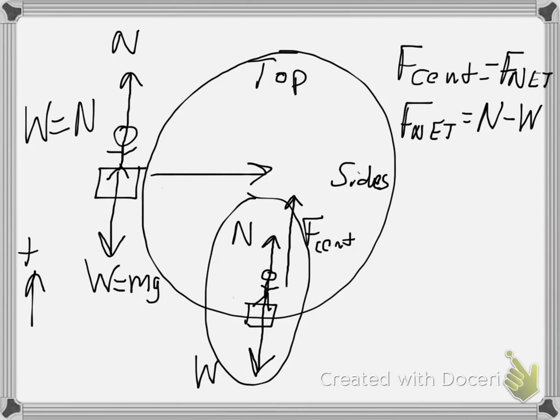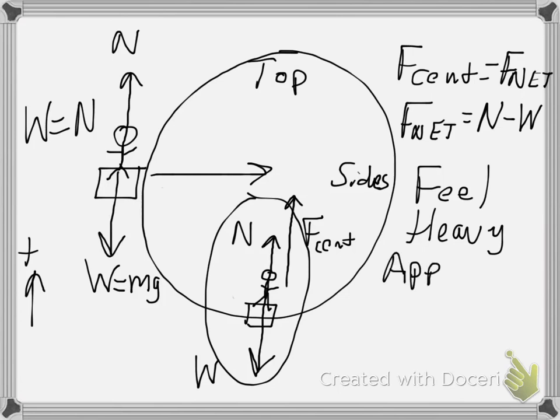Now, something peculiar happens at the bottom of the Ferris wheel or a roller coaster. If you go over a hill and then you come to the bottom of a hill, you feel heavy. This is also akin to the elevator when it starts to immediately move up and you feel immediately slightly heavier until it starts moving at a constant velocity. But your apparent weight, or how heavy you feel, is directly related to the normal force.